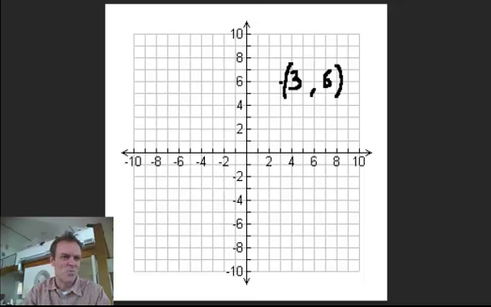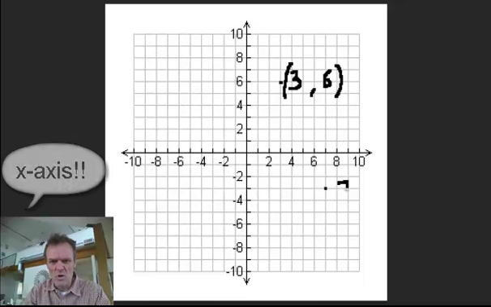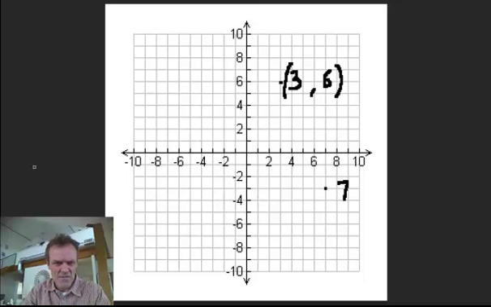And just one more. Let's have a look at this. How about that there? I can see I've gone 7 along the x-axis, and -3 down the y-axis.